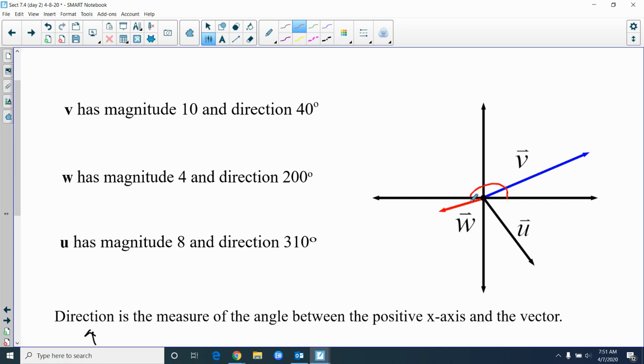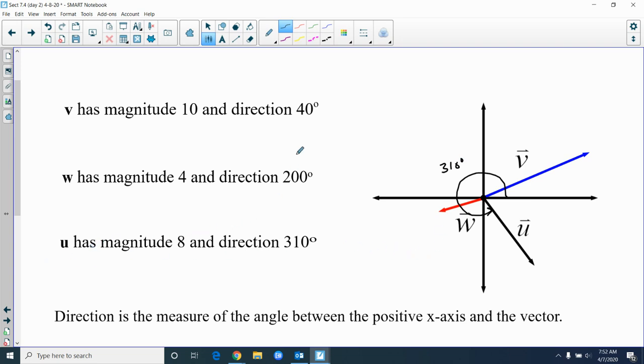That means this angle is 200 degrees, going into quadrant 3 from 0, 0. And u has a magnitude of 8 and a direction of 310. That means this angle right here is 310 degrees.